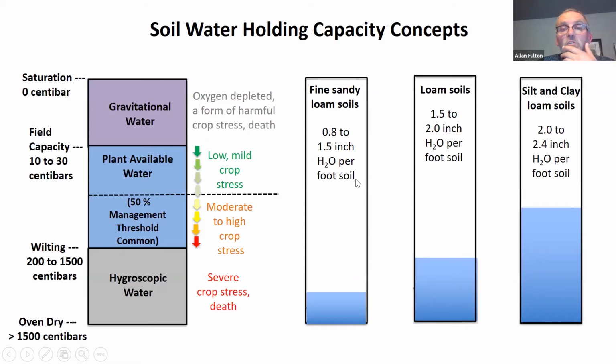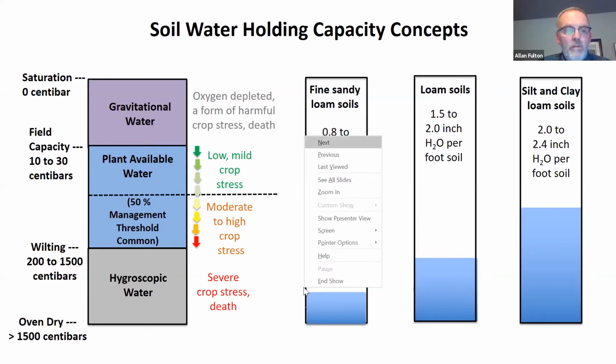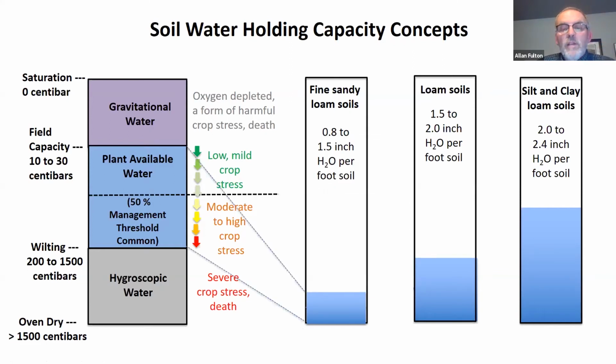So as I've already shown you, we have different soil physical conditions, textures, structures. With this come different water holding capacities. So fine sandy loam soils will have less plant available water.